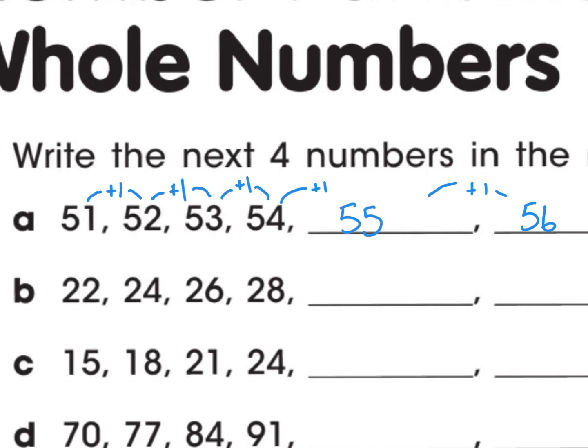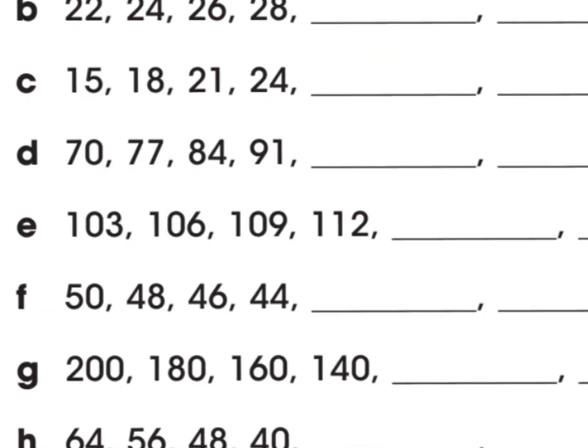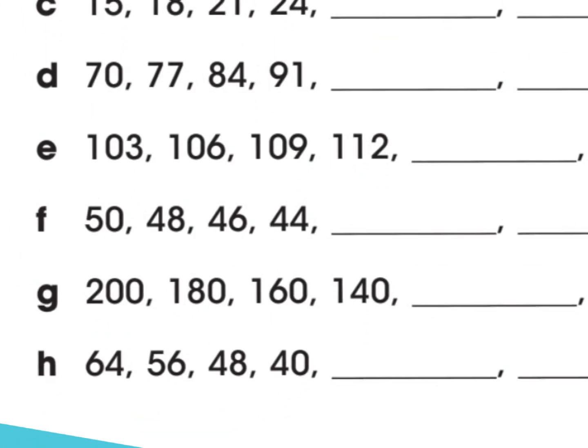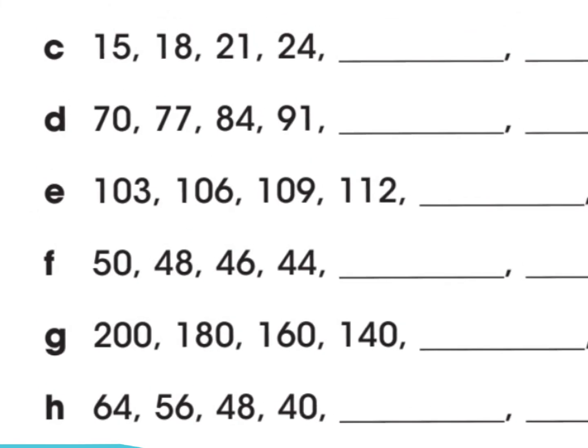What I'm going to do now is move through here, and let's go to a bit of a harder one. Let's start here on D. Between 70 and 77, I am adding 7, okay? If I go again between 77 and 84, I'm going to say 78, 79, 80, 81, 82, 83, 84.